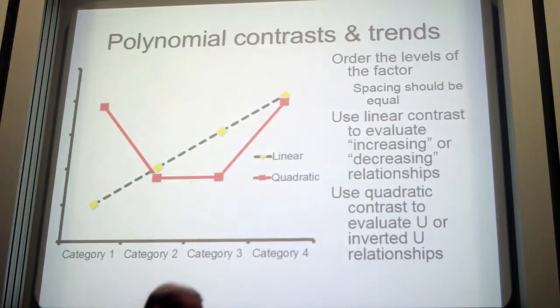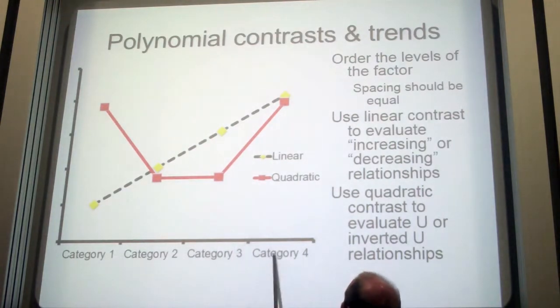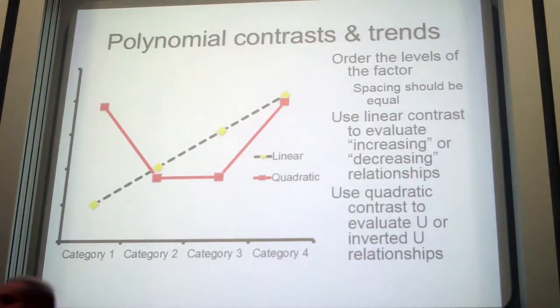SPSS churns out contrasts automatically for you. It does the linear contrast and polynomial contrasts. Okay, so you should put things in order, particularly if it's on a continuous scale. Make sure that what you're labelling category 1, 2, 3 and 4 are monotonically increasing if you can.